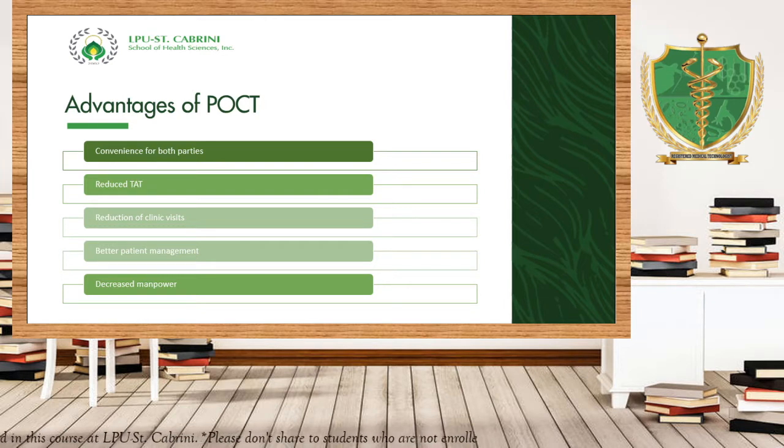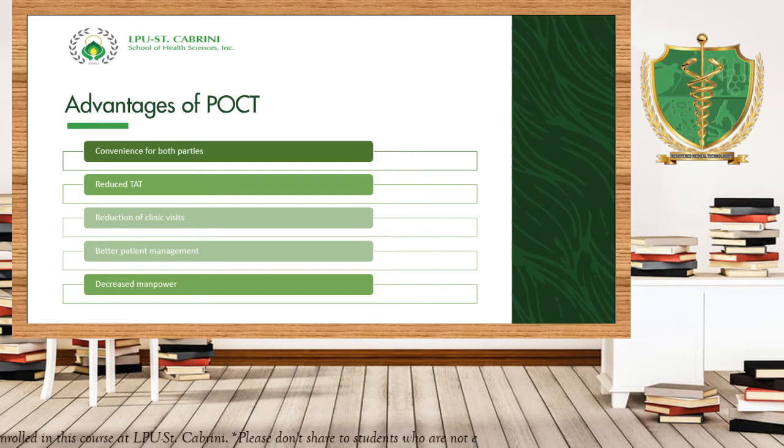Okay? Then, reduction of clinic visits, since the patient himself or herself can perform the test. He or she can already analyze the blood sample. For example, glucose. That's the most common point of care testing, using a glucometer.